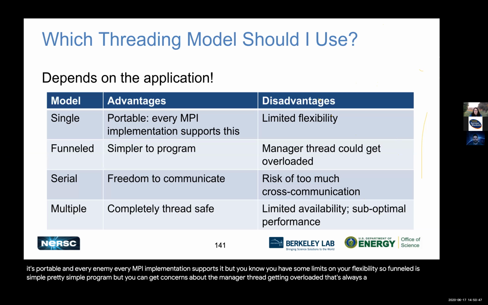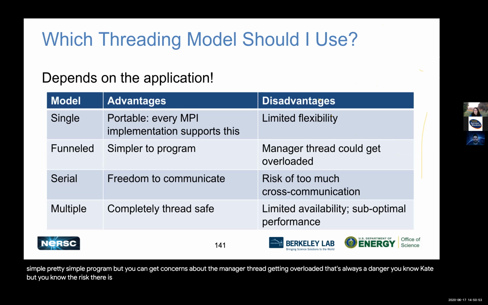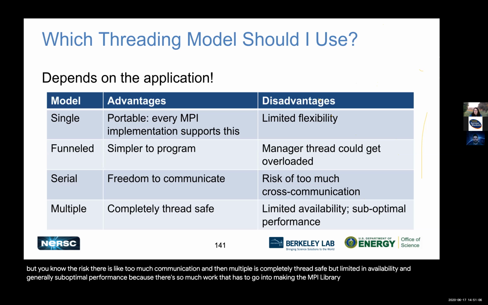That's always a danger. Serialized, you have a lot more freedom to communicate, but the risk there is too much communication. And then multiple is completely thread safe, but limited in availability and generally suboptimal performance, because so much work has to go into making the MPI library thread safe.